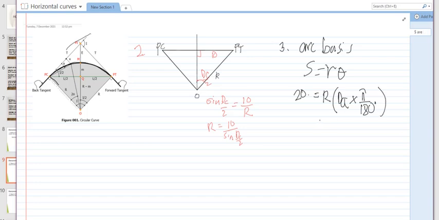What we can compute here is R, that is equal to 20 divided by dA times pi over 180. So that is equal to 1145.92 over dA, the degree of curvature, arc basis, as opposed to the degree of curvature using chord basis earlier. Okay.